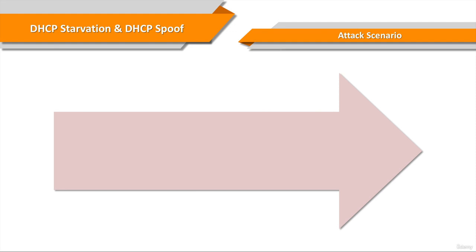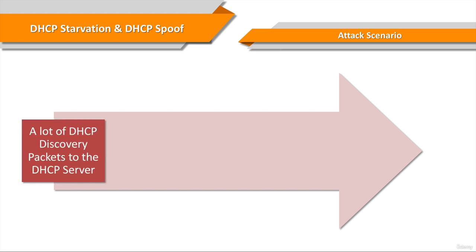So here is how we can perform a DHCP spoof attack together with DHCP starvation attack. So we'll create a lot of DHCP discovery packets to request new IP addresses from the DHCP server. DHCP server replies to these requests. IP address space is limited.